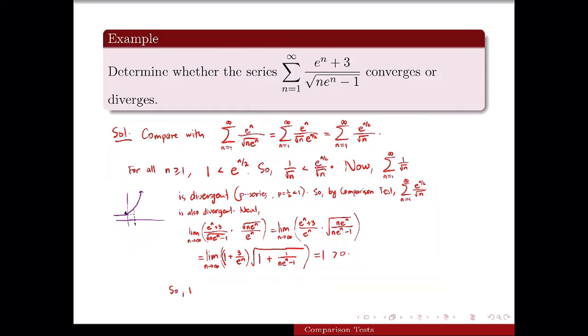So by limit comparison test, the sum of e to the n plus 3 over square root of n e to the n minus 1, from 1 up to plus infinity, is also divergent.